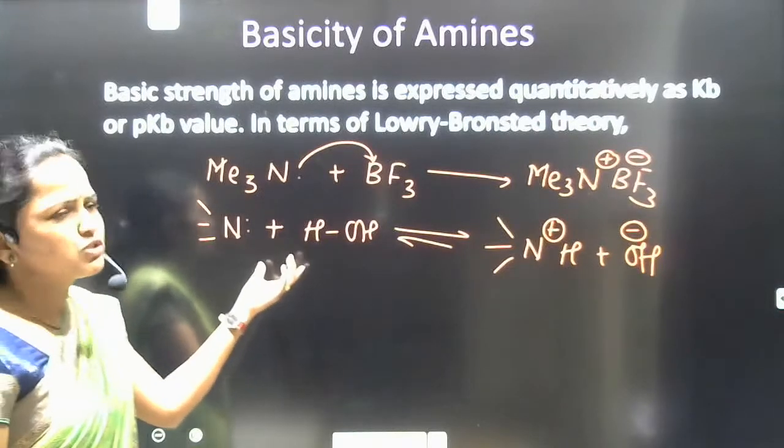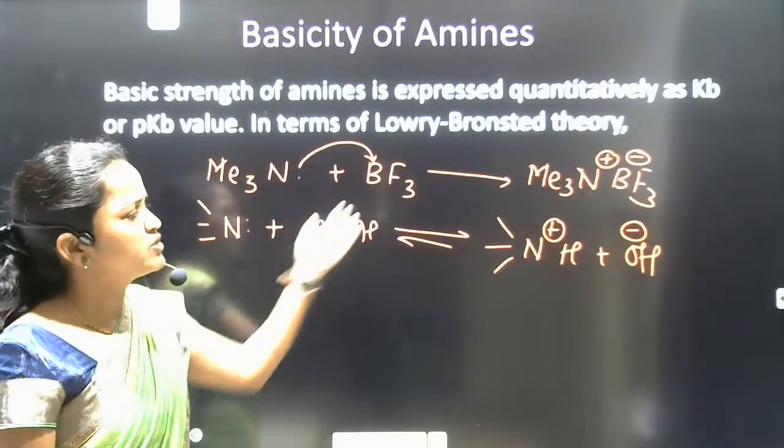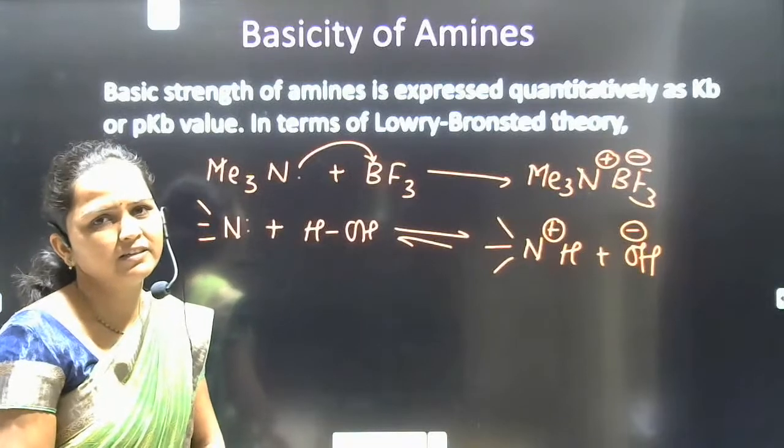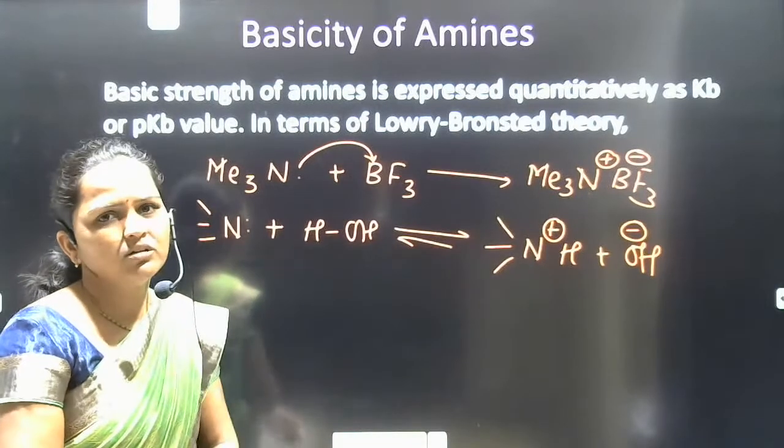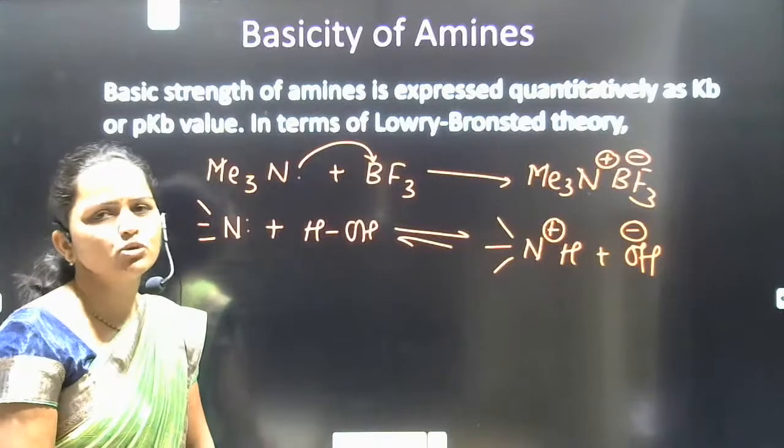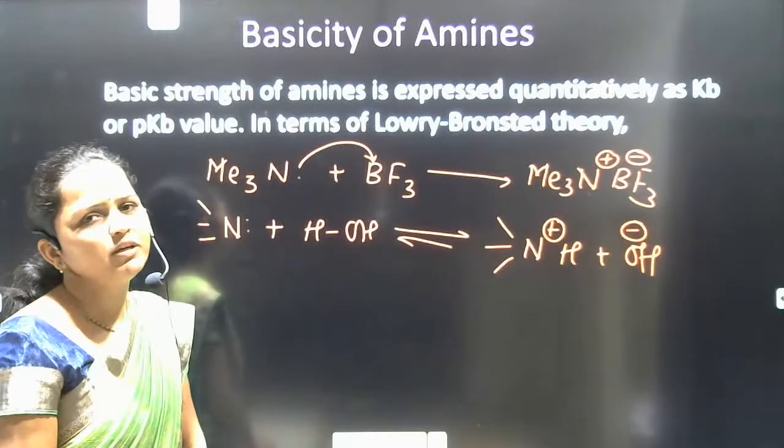For a stronger base, the equilibrium shifts towards the right hand side, so the conjugate acid is stronger and the pKb value is smaller.